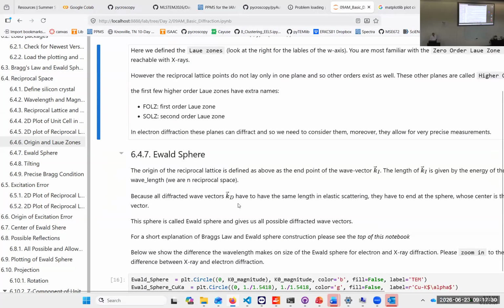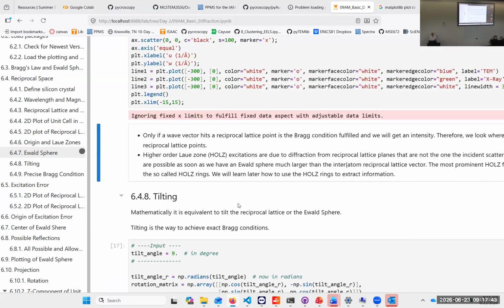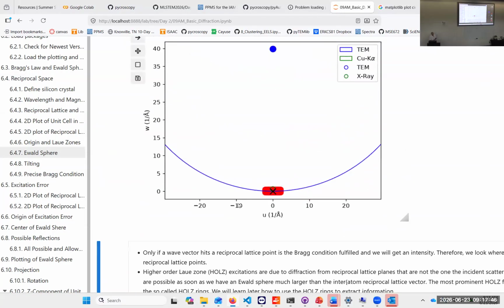So we got that covered, and now we do our Ewald sphere. And that's where the difference comes in between this and what you're used to in X-ray diffraction. That's what most people are used to. And this is supposed to give you an impression of what's going on.